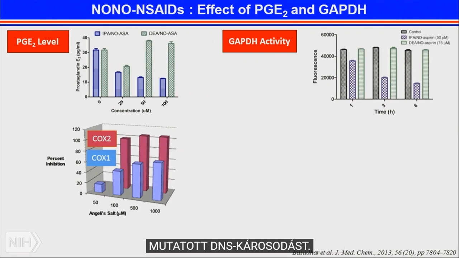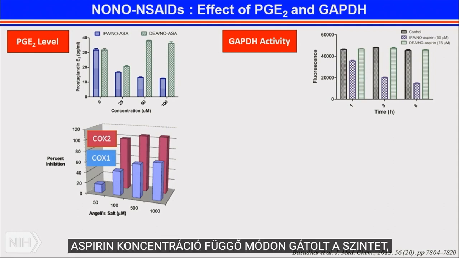The other thing which we investigated was the ability of these molecules to inhibit COX-2. We used prostaglandin E2 as the readout of COX-2, and we used the Cayman kit for this assay. We found that ipanoaspirin inhibited PGE2 levels in a concentration-dependent way, while dinoaspirin did not have much effect.